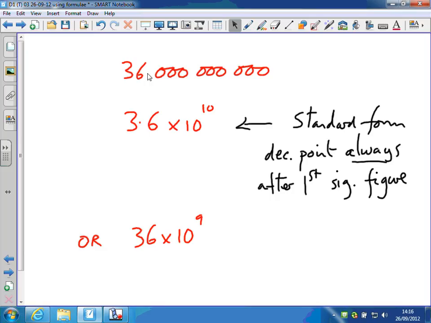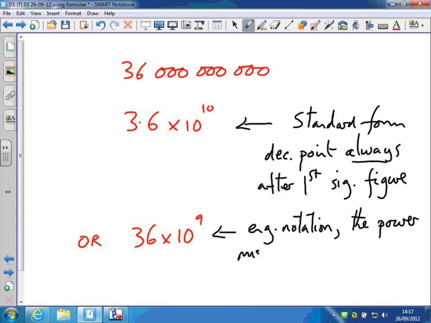So this is engineering notation. And the key for that is the power must be a multiple of 3. Using shorthand there to write it, okay? So engineering notation, you've always got the power in multiples of 3.